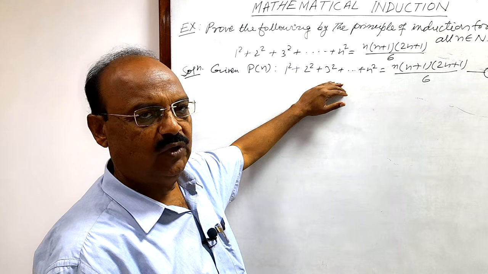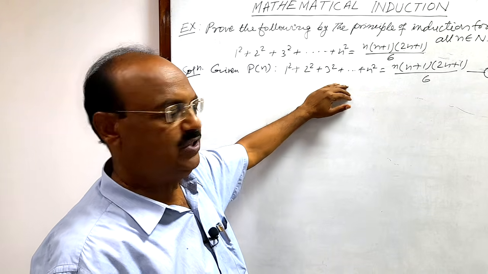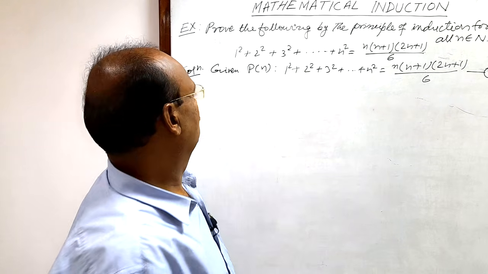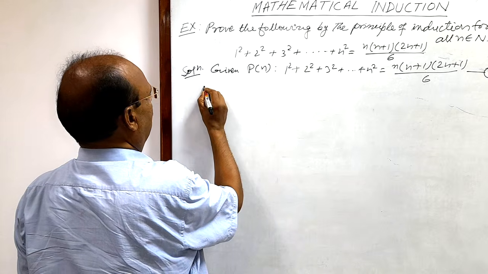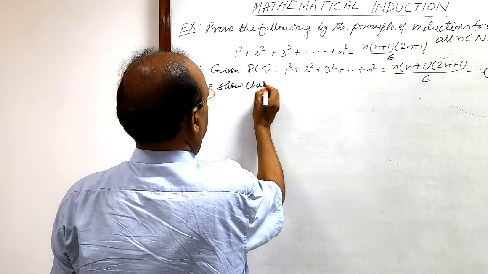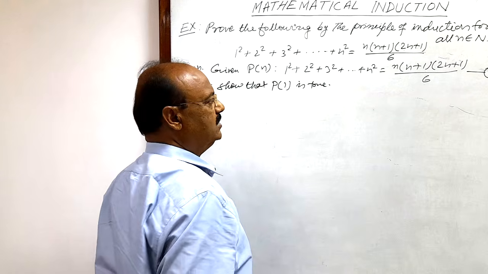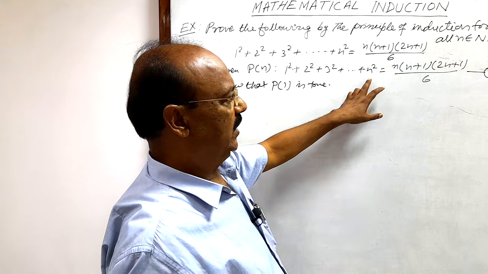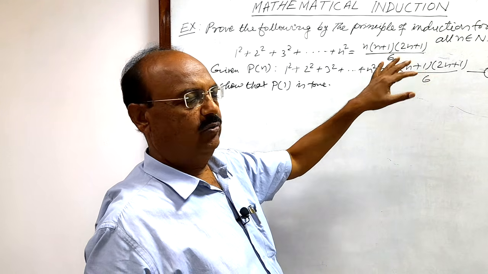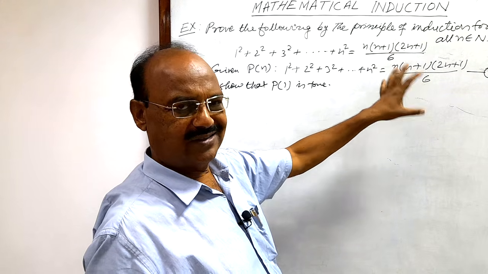In the first step, we have to show that P1 is true, meaning statement Pn is true for n equal to 1. For this we put n equal to 1 in LHS as well as RHS of relation number 1, and we will show that LHS and RHS are both the same.